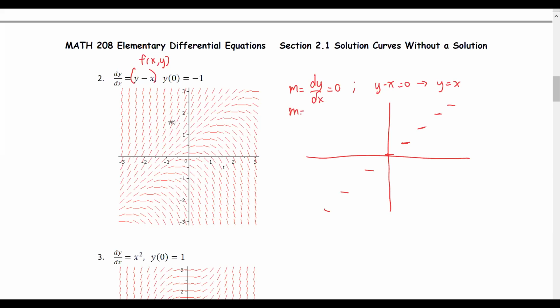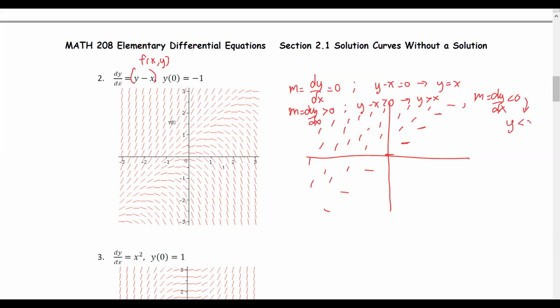And next, for m or dy/dx greater than 0, y minus x is greater than 0 as well. Or we can say y greater than x will give the slope greater than 0. The greater x, the greater the slope in the positive direction. And for m or dy/dx less than 0, y will be less than x.